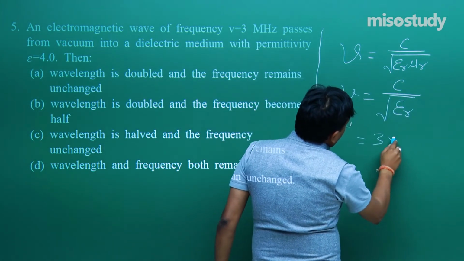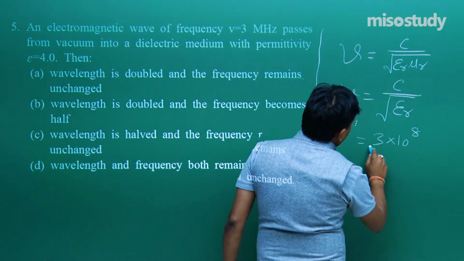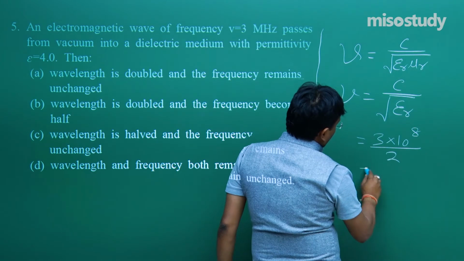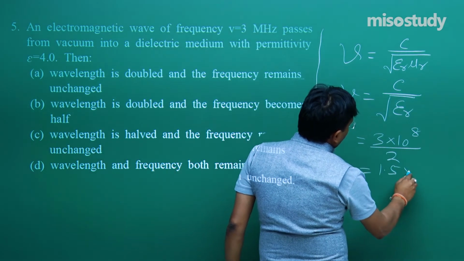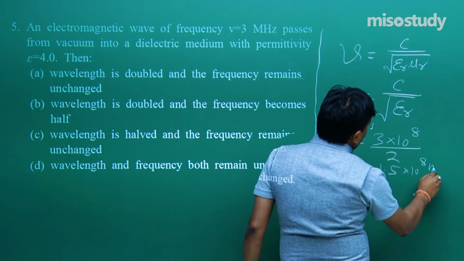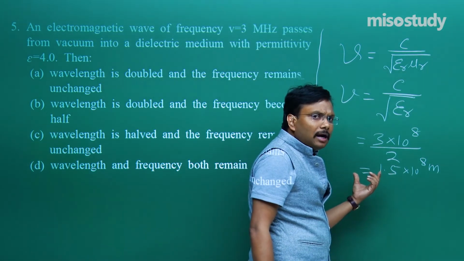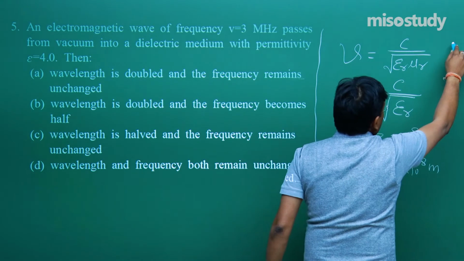So 3 into 10 to the power 8 meter per second upon under root 4, which will give you 2. So it is 1.5 into 10 to the power 8 meter per second. Now I have velocity, so easily I can find out lambda prime. How? Let me use this space.